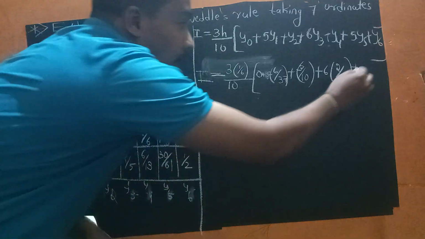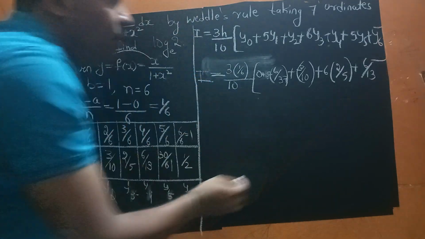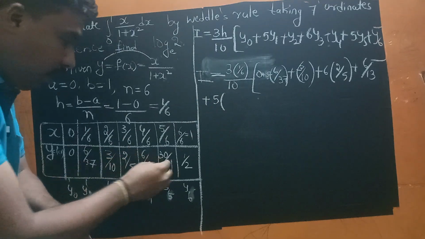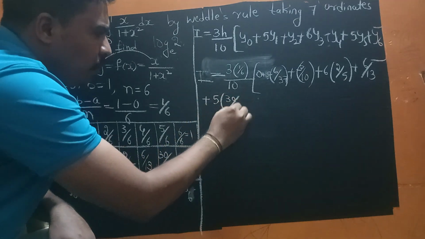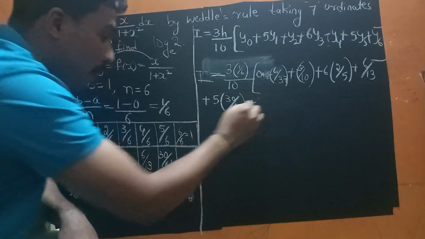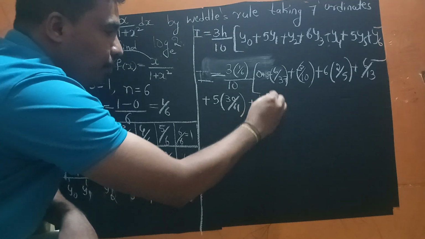That is 6 by 13, plus 5 times y5, y5 is how much? 30 by 61, and y6, y6 is 1 by 2.